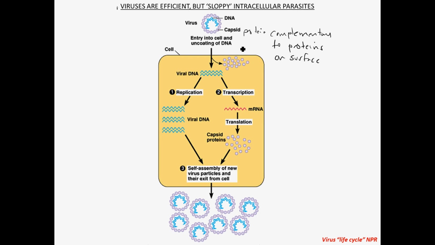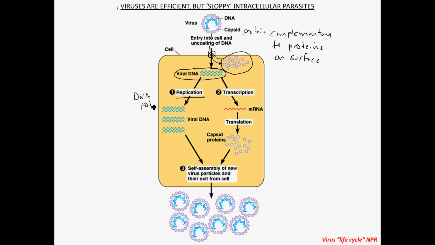So this capsid will in some way interact with receptors on this host cell, and then some of those capsid proteins get taken into the cell, but really you're worried about this viral DNA getting into the cell. Once this viral DNA gets into the cell, the host cell will replicate that DNA using DNA polymerase.